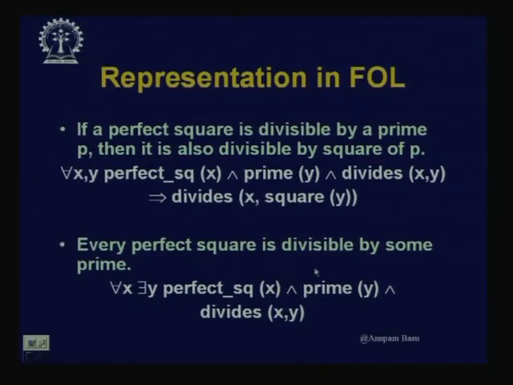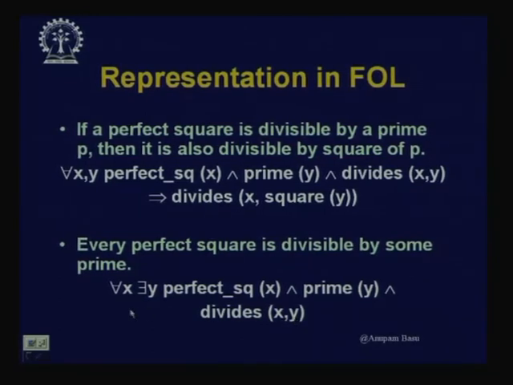So, I put in for all x there exists y, some prime is there such that y is a prime, so perfect square x and prime y and divides x y, divides x is divided by y, all right.